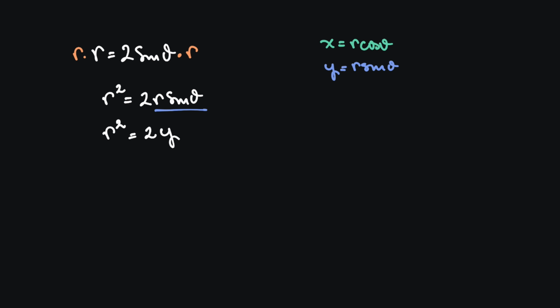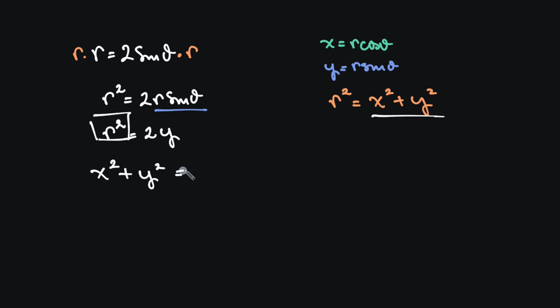But we also know from previous studies that r squared, the radius squared, is going to be equal to x squared plus y squared. So we can substitute r squared by this. So x squared plus y squared will be equal to 2y, right?